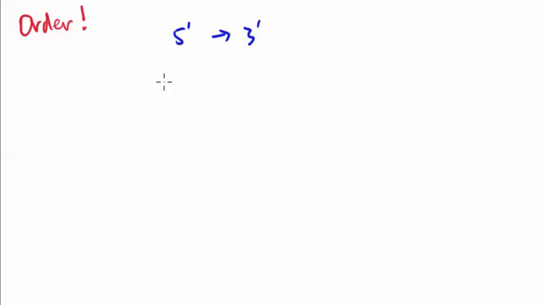So when I write down something like A, T, G, and C, well, I know that this is DNA because I see the T that's there. And if it wasn't DNA, the T would not be used. A U would be used, and that would be RNA.